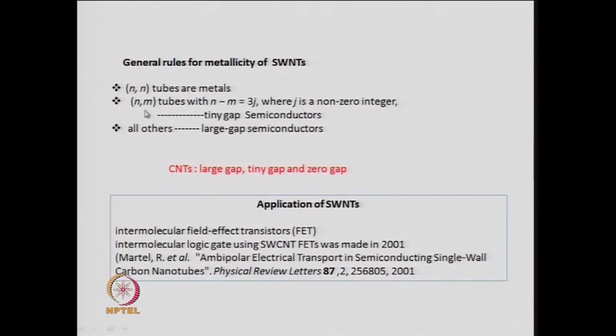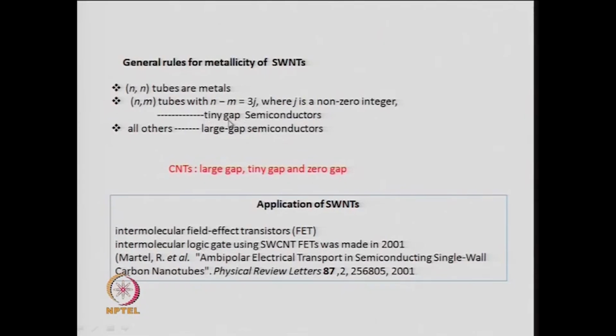If you have the carbon nanotubes made with a chiral vector, where the coefficients of the two vectors a1 and a2 are n and m, and the difference between n and m is a multiple of 3, like 3j, where j is an integer, then the gap is very small.